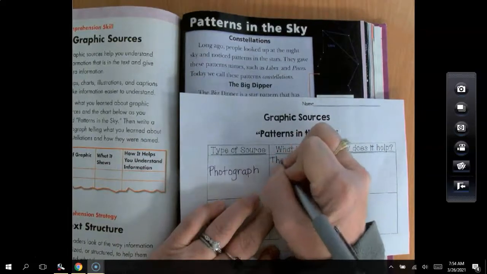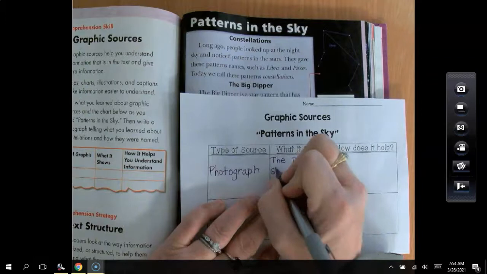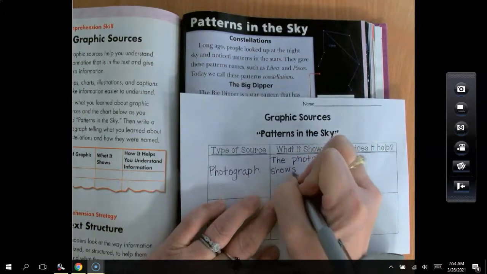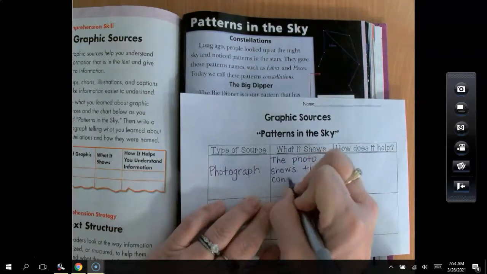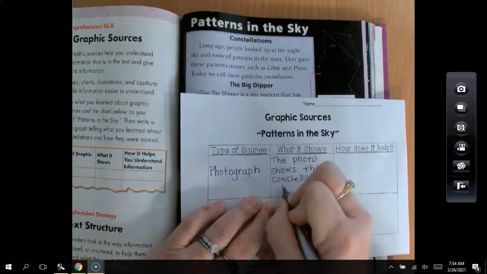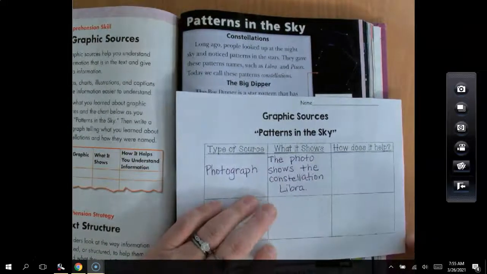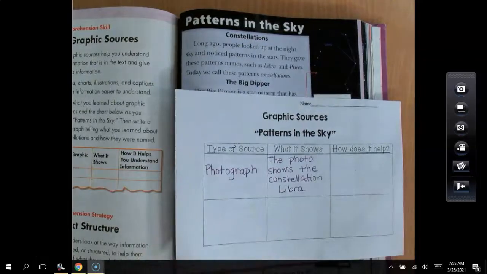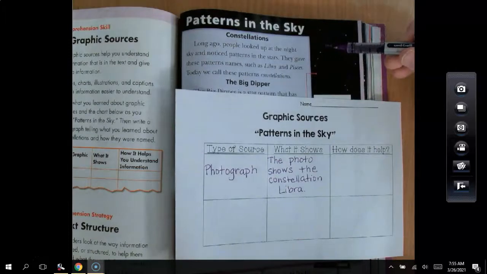So the photo shows the constellation Libra. Yes, that photograph is showing the constellation Libra. We know it's Libra because of the caption, because it's labeled Libra.